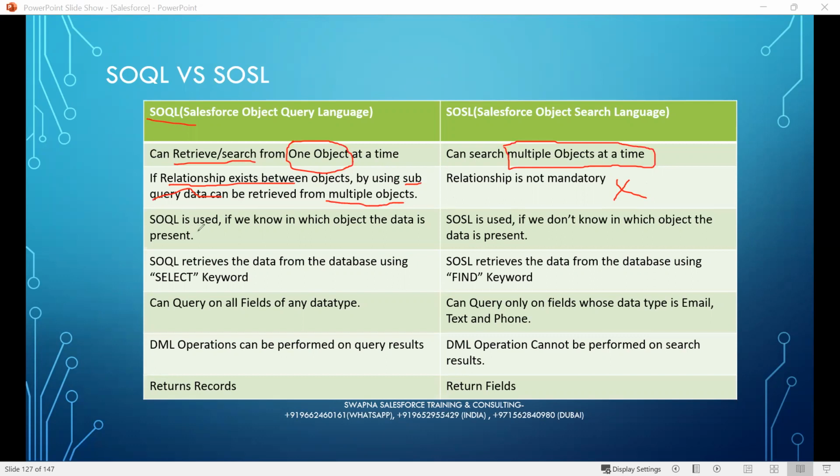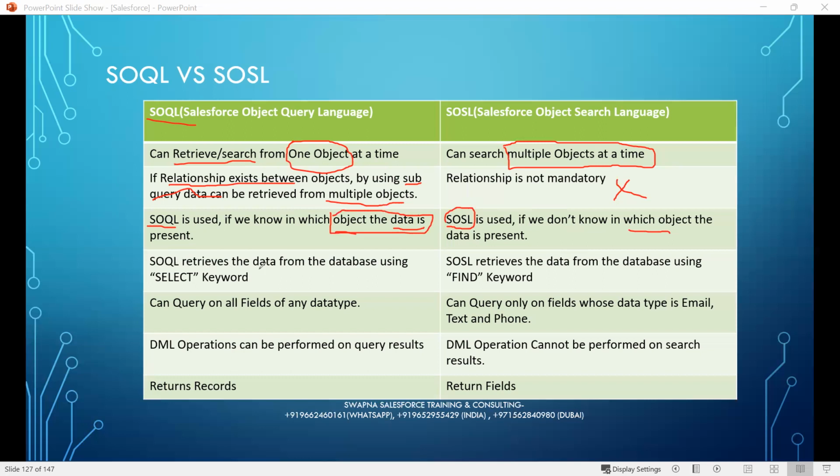SOQL is used when we know the object and the data present in that object. So if we have clarity on the object, data and fields, then we can go with SOQL. In case we do not have clarity on which object the data is present in, then we have to use SOSL to search.